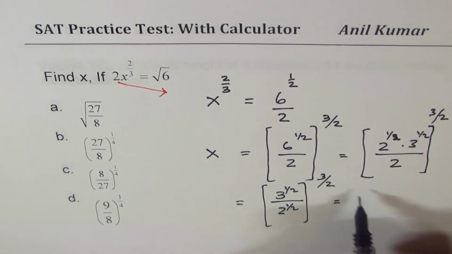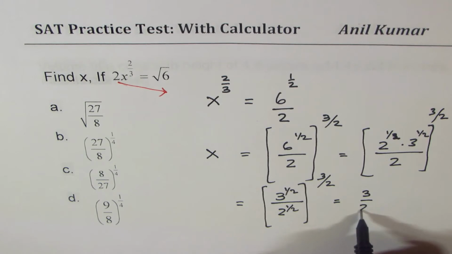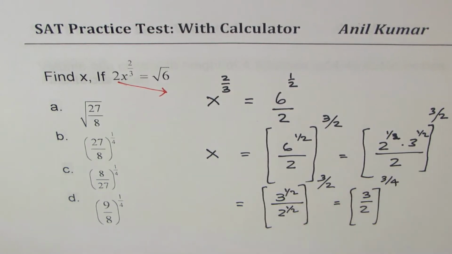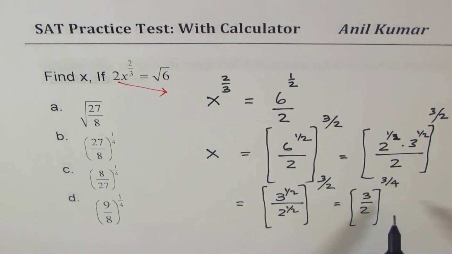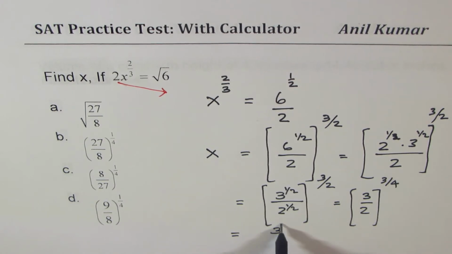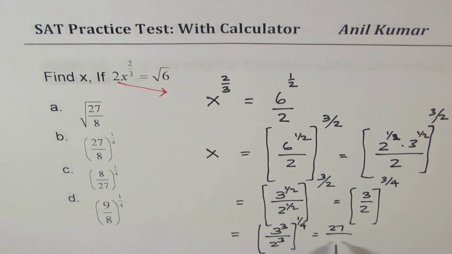So I could write this as 3 over 2, to the power of 3 over 4. No problems, correct? We have everything to the power of 1 over 4. So I'm going to use the cube now. That is to say I have 3 cubed over 2 cubed, and everything to the power of 1 over 4. 3 cubed is 27 and 2 cubed is 8, right? So we have this to the power of 1 over 4.